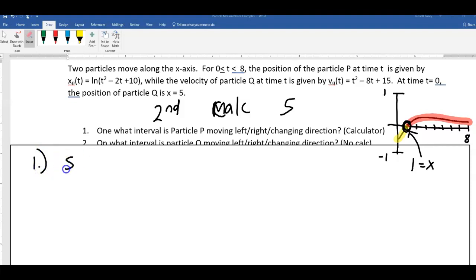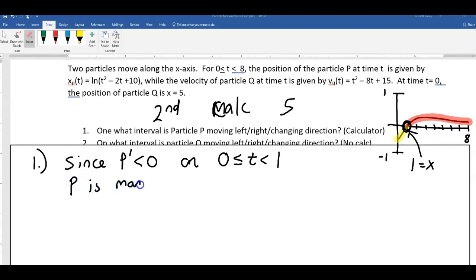So you would say, since P prime, that's what we graphed, is less than 0, in other words, it's below the x-axis, on the interval 0 to 1, P is moving to the left on that interval.